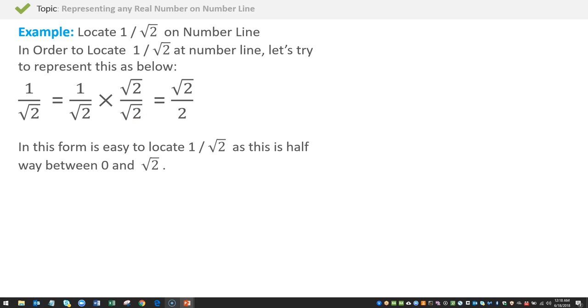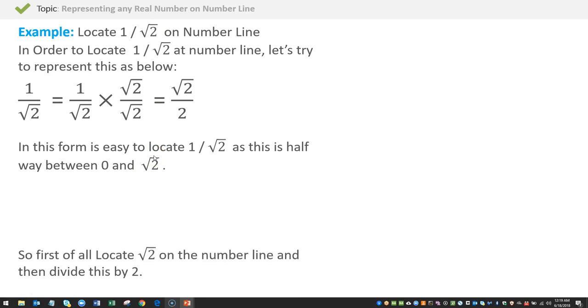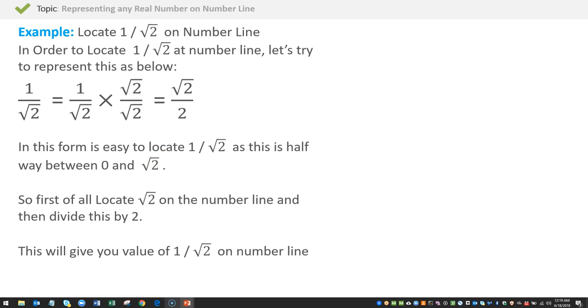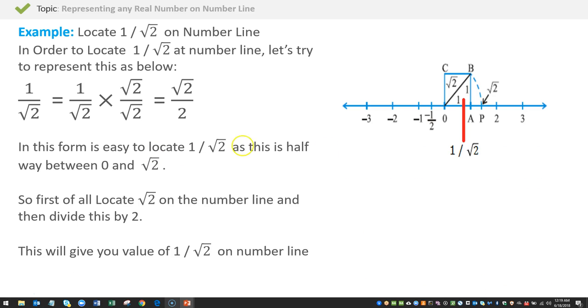But what it gives me an indication of, in order to find the value of 1 by square root of 2, I first need to find the value of square root of 2 and then make it half, which is simple. I do the same way. I go and find the value of square root of 2, and then I'm going to divide it in half. That's going to give me the value of 1 by square root of 2.